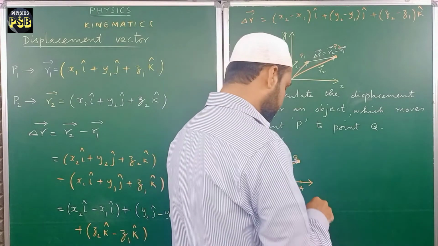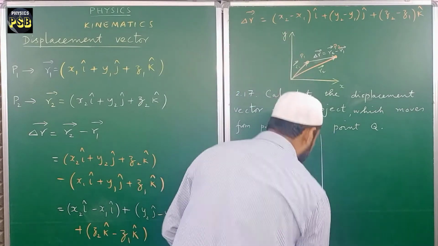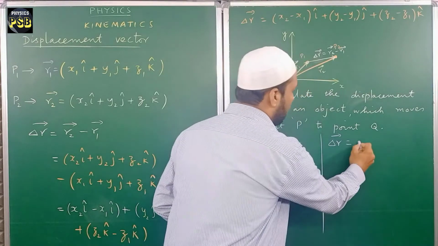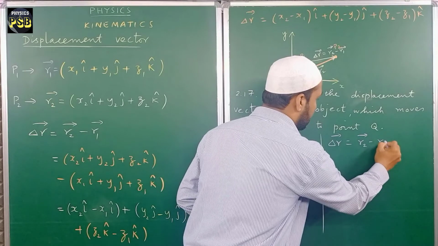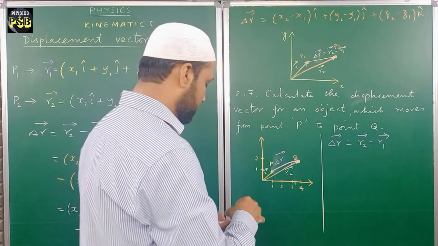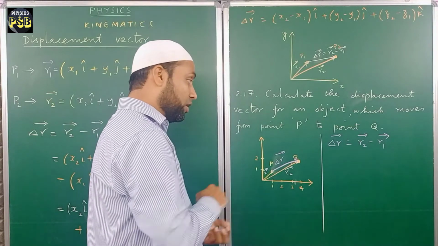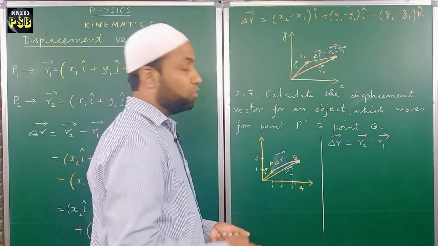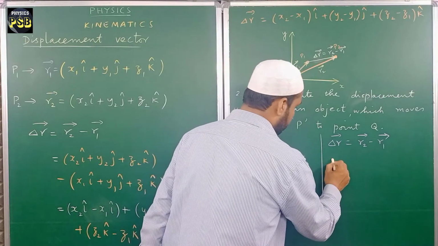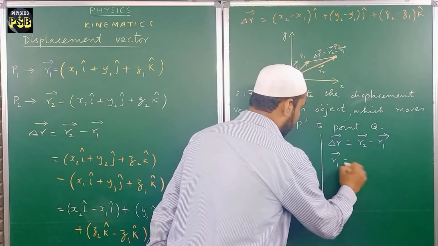We know delta R vector is equal to R2 vector minus R1 vector. Okay, so here let's find out the value of R1 vector and R2 vector. Okay, here R1 vector.